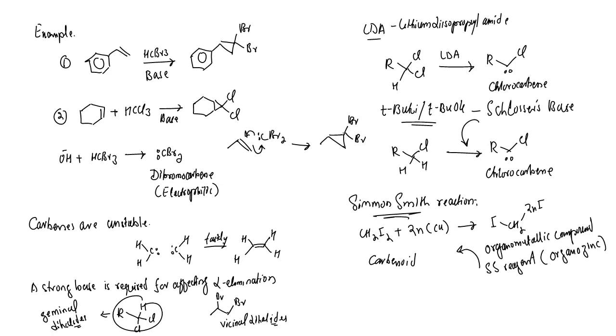For example, let me sketch it again. So zinc usually leaves by giving its lone pair of electrons. When the zinc or the metal is removed, then a negative charge is formed.